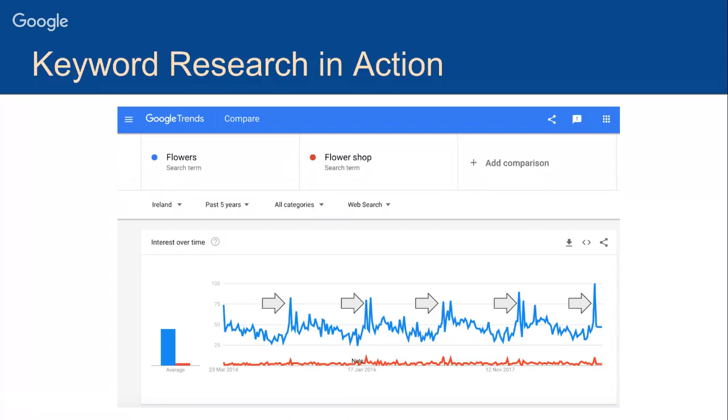So Maeve does a bit of digging, and after a while she uncovers that, of course, Mother's Day falls on a different Sunday every year in Ireland, but it's always near Valentine's Day. A quick Google search corroborates the dates that indeed Mother's Day falls within the week of the spike straight after Valentine's Day. And again, Maeve jots down that it could be a good idea to write about Mother's Day flowers on her flower shop blog.